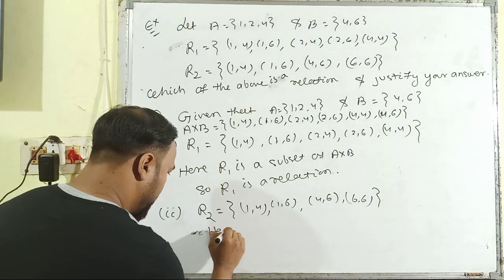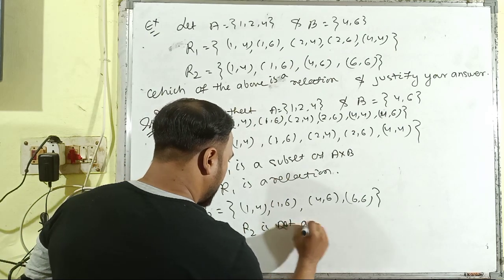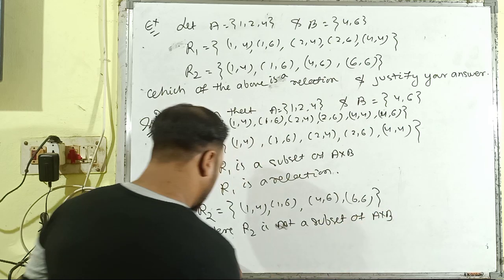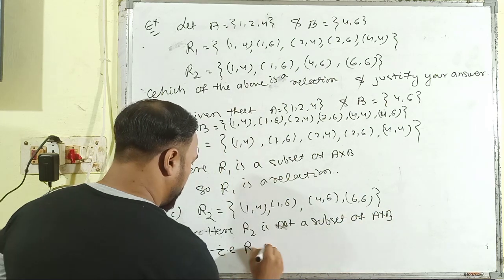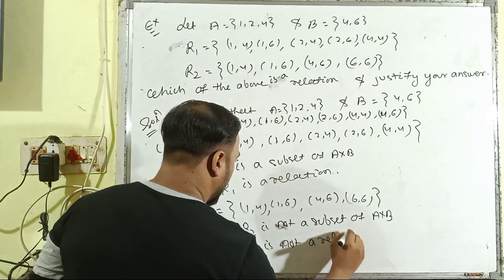So here R2 is not a subset of A cross B. That is, R2 is not a relation.